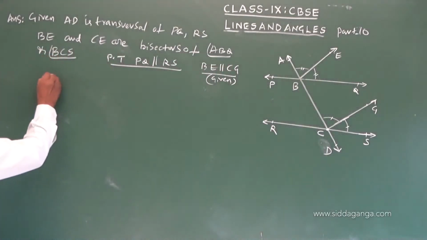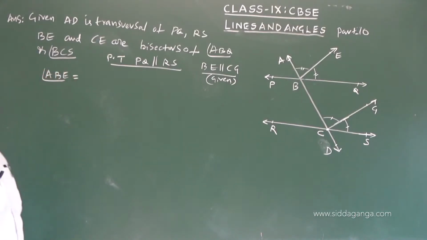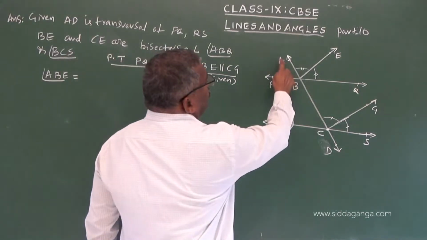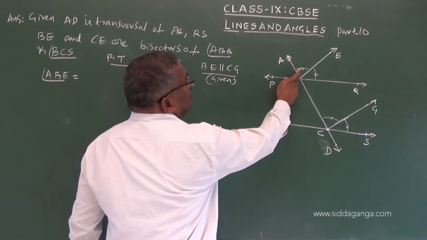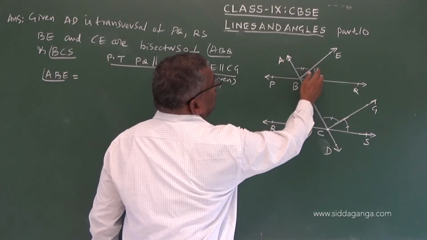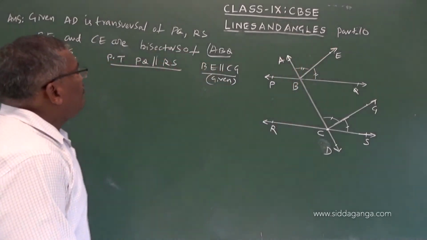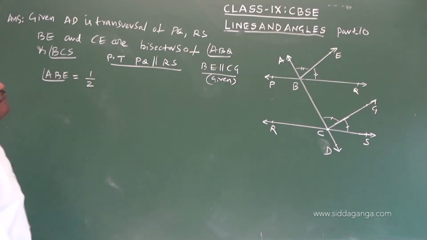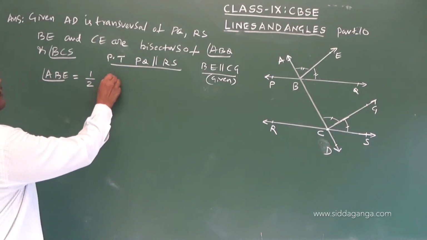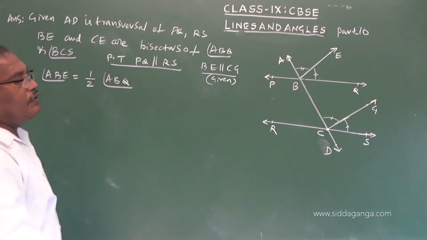What will be the answer? Angle ABE will be equal to half of ABQ, because the total angle is ABQ and ABE is half of this total angle since BE is the bisector.